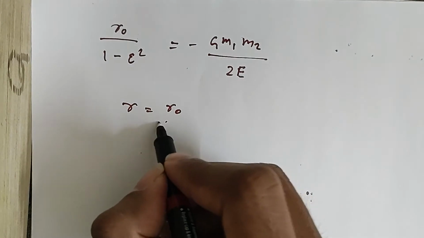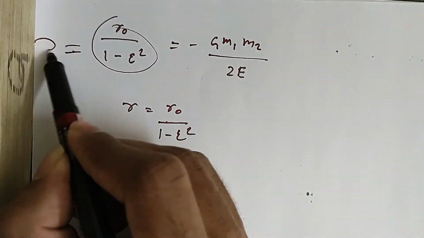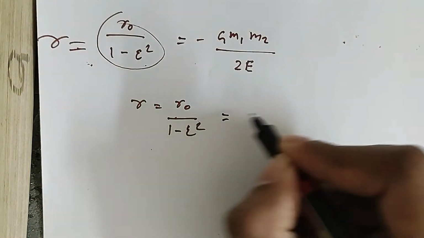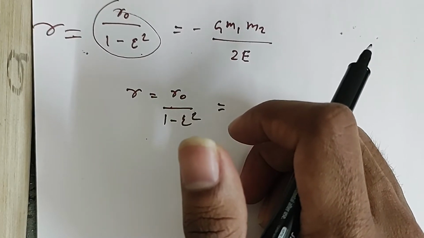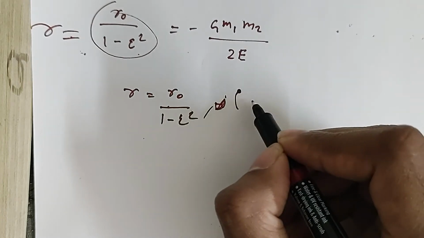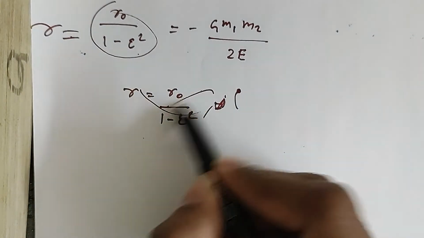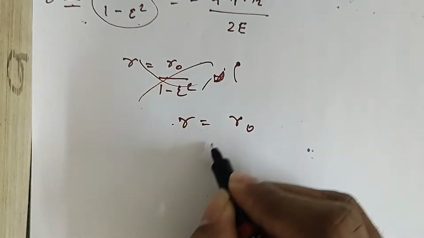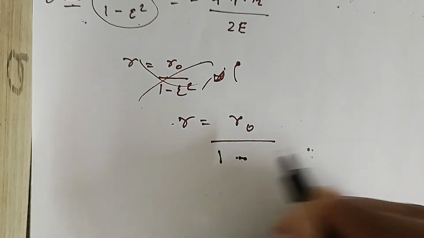So further, r is given by r naught over 1 minus epsilon square. This term is nothing but r, because that's exactly what I took, right? So I can actually write this as r naught upon 1 minus epsilon square.